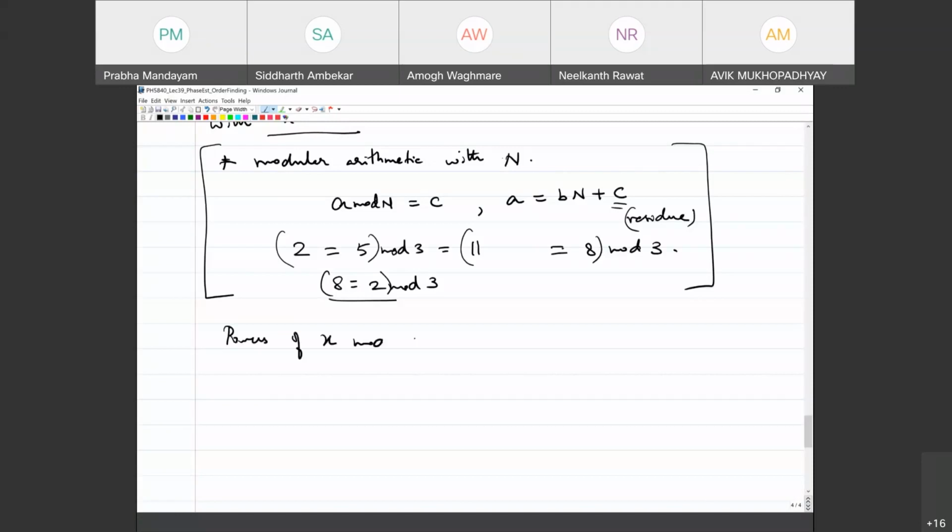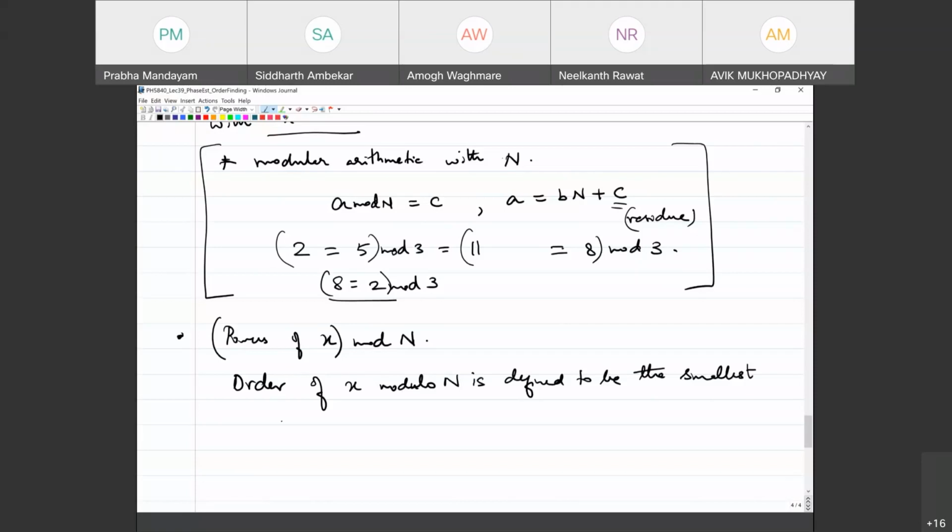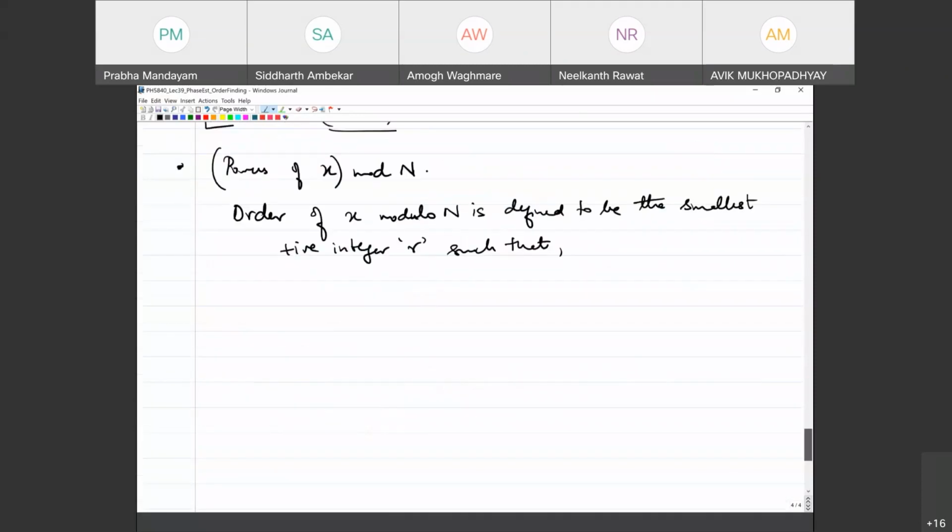Okay, so we now want to do powers of x modulo n. And the order of this smaller number x modulo n is defined to be the smallest positive integer r such that x to the r is 1 mod n.